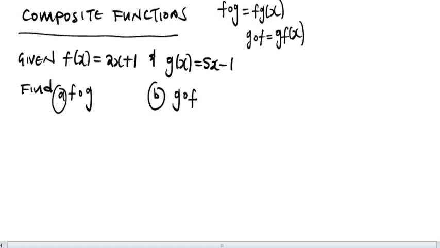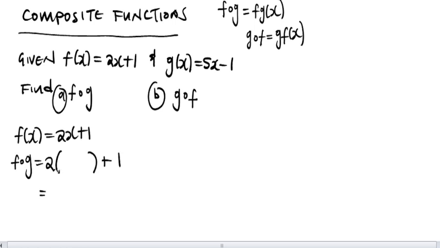What are we going to do? In the first one, we know that f of x is equal to 2x plus 1. Then when we say fog, we are simply saying where there is x, we leave a space, and we replace it with the value of g. The value of g is 5x minus 1, so we put 5x minus 1 in here.